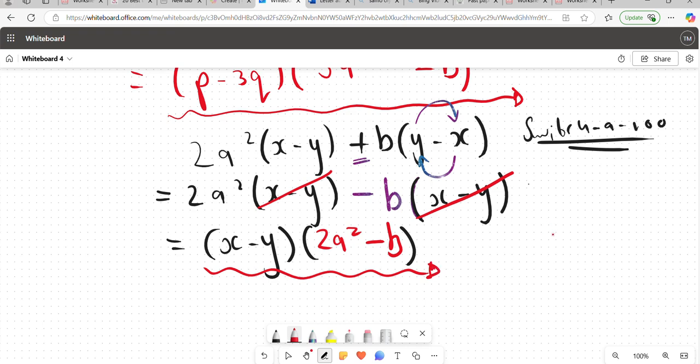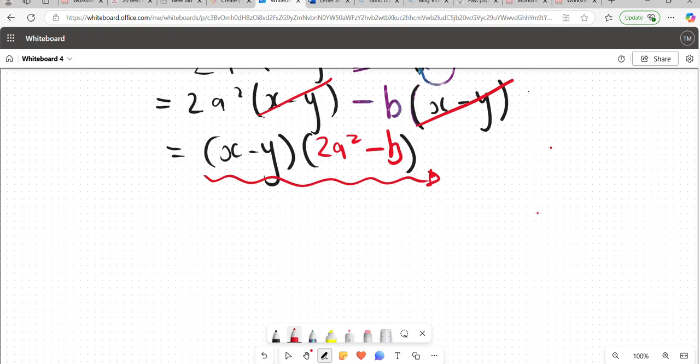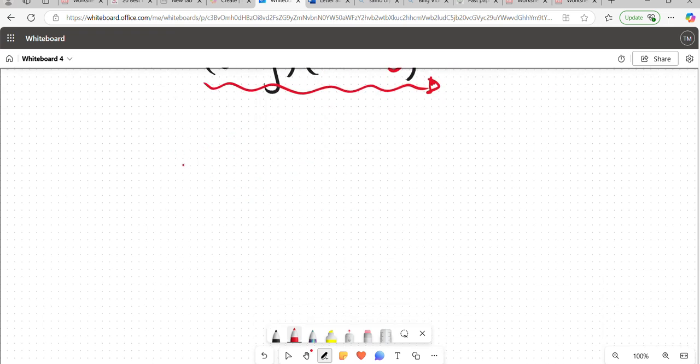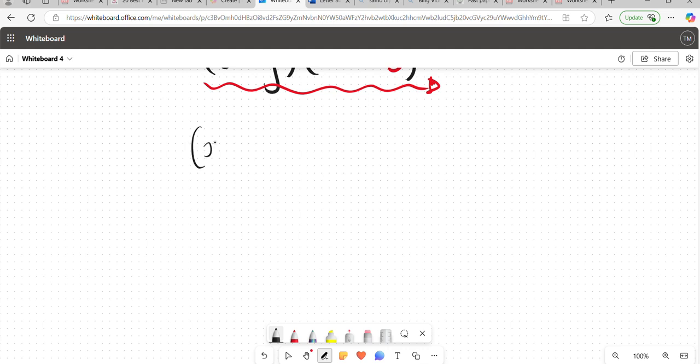Very easy. Let's do one last question on common bracket. What if the common bracket looks like this? x minus y to the power of 2, and x minus y to the power of 3.